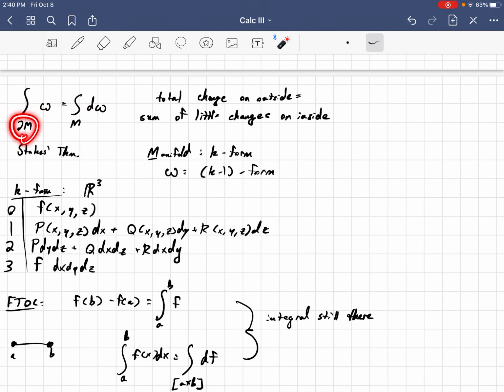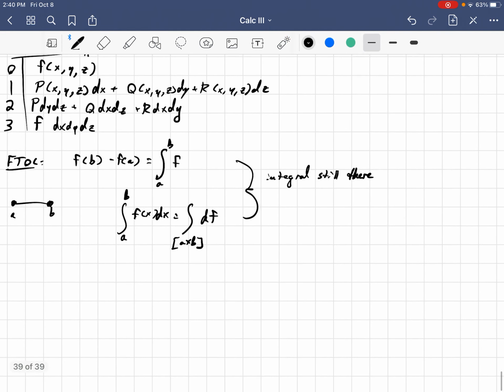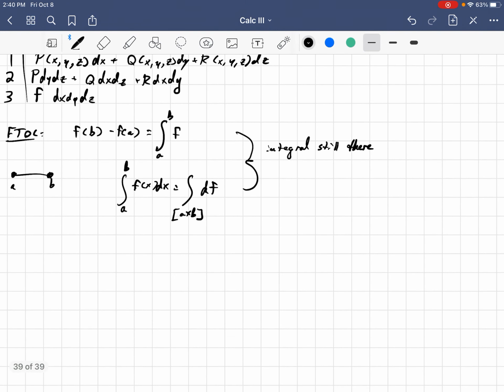In other words, we have the boundary and the surface, the manifold, and the k minus 1 form and the derivative of the k minus 1 form. What this is telling you is a really profound result and interpretation of the derivative. It's not that the derivative and the integral are opposites of one another. It's that the derivative and the boundary are opposites of one another. And this is really a tremendous result.